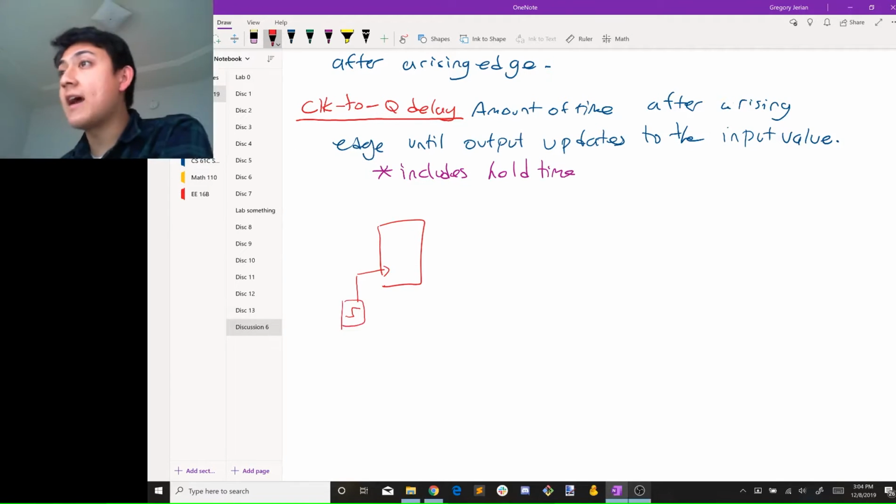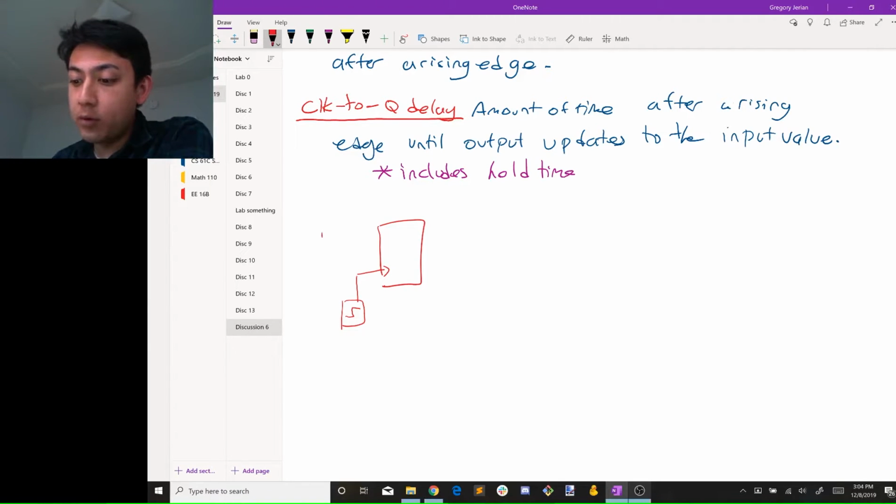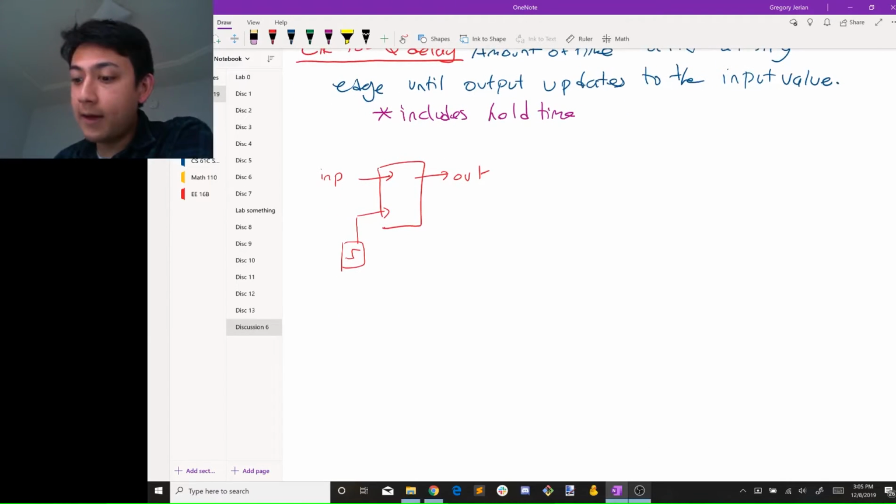This means that now we have to use the clock to Q delay and the other delays involved with clocks. We also have an input and an output, and you can see this on the discussion, hopefully. You'll notice that we're given a clock signal. Actually, before we get to that, we're given some times. So let's write those down. We have a setup time.